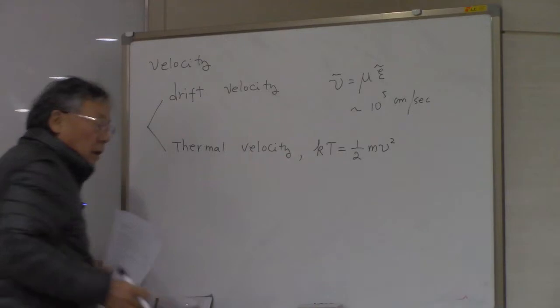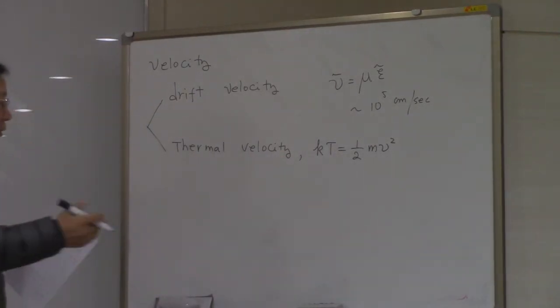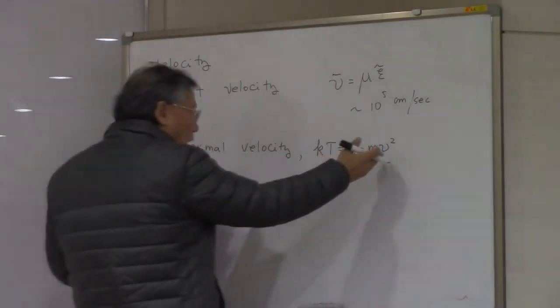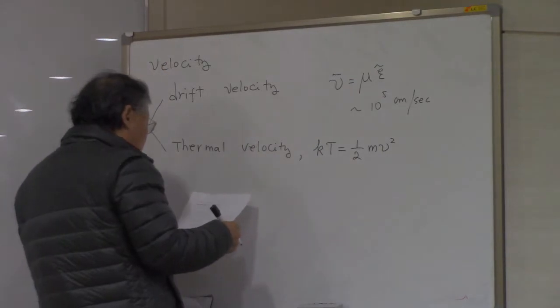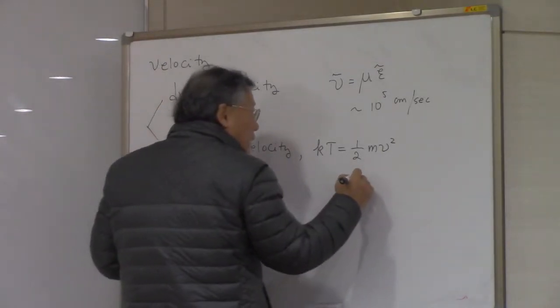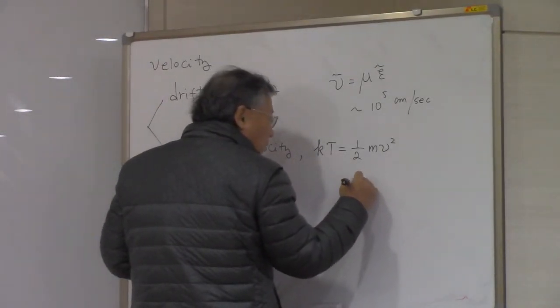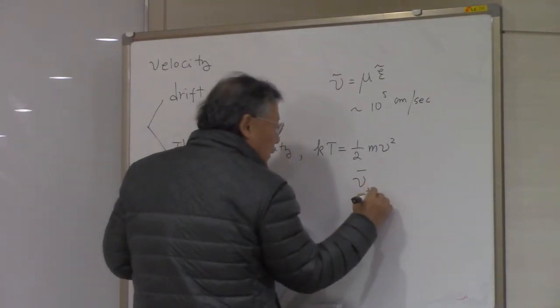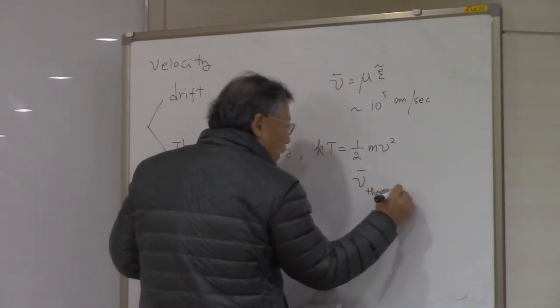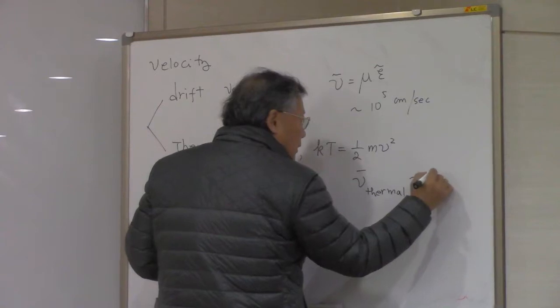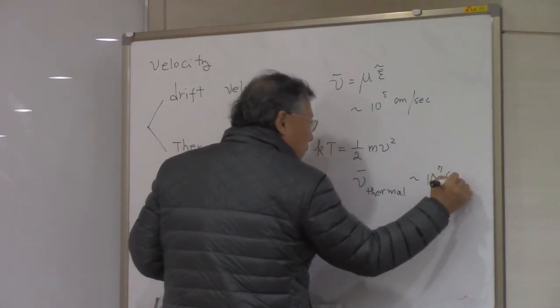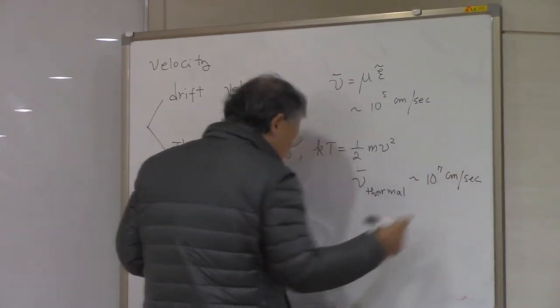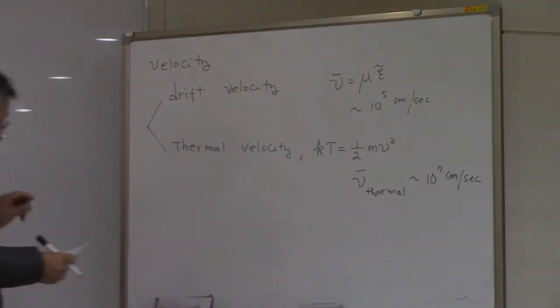The thermal vibration of electrons can give us the velocity. And in this case, the thermal velocity is typically 10 to the 7th centimeter per sec, okay? So that's a little bit different.